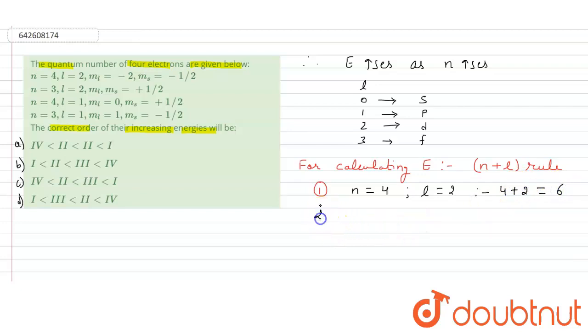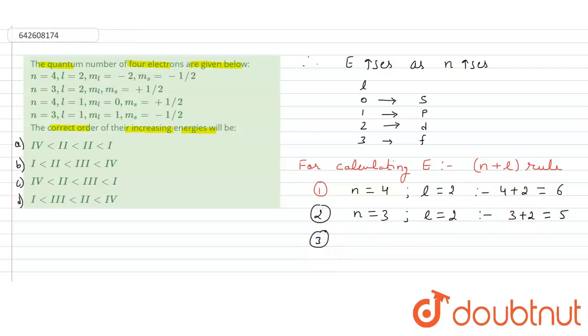For the second part, n is equal to 3 and L is equal to 2. For this, the value comes out to be 3 plus 2, which is 5.